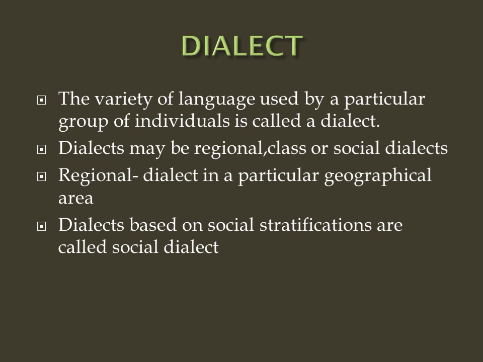Both use the same language, Malayalam, but the Malayalam that is spoken in Trivandrum is rather different from the Malayalam that is spoken in the northern part of Kerala. So that is the regional dialect causing the difference, and different castes use the language with their own modifications. So that is the social dialect.